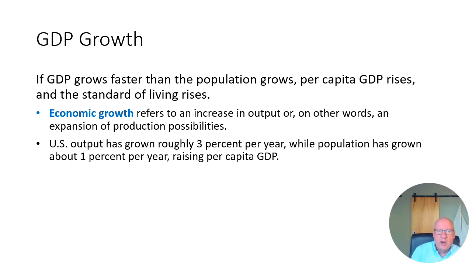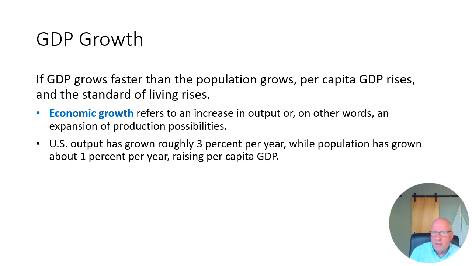So where's the US in all of this? The US output, meaning GDP growth, has been roughly 3% per year. Now that doesn't sound like a whole lot, but 3% per year compounded year after year, decade after decade, century after century, the US has been growing close to 200 years.